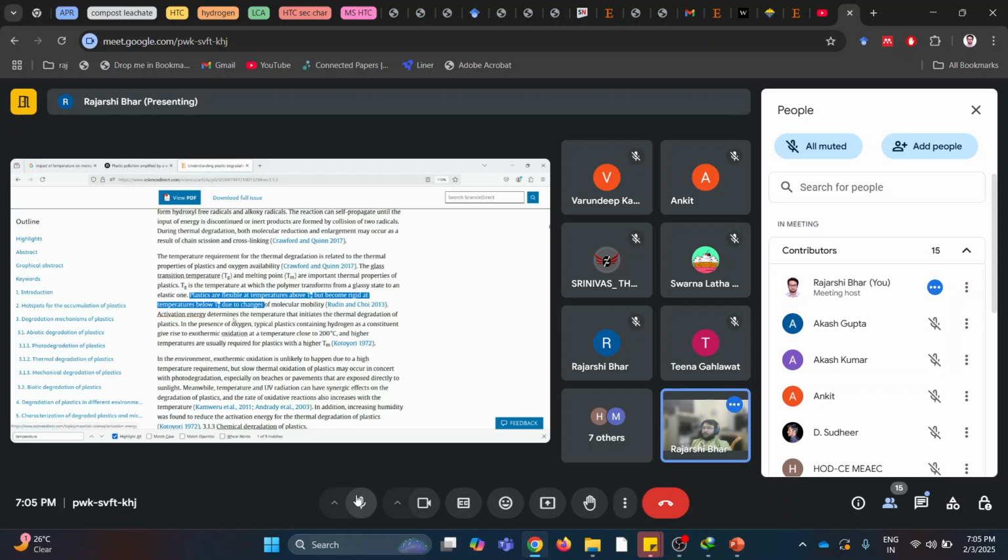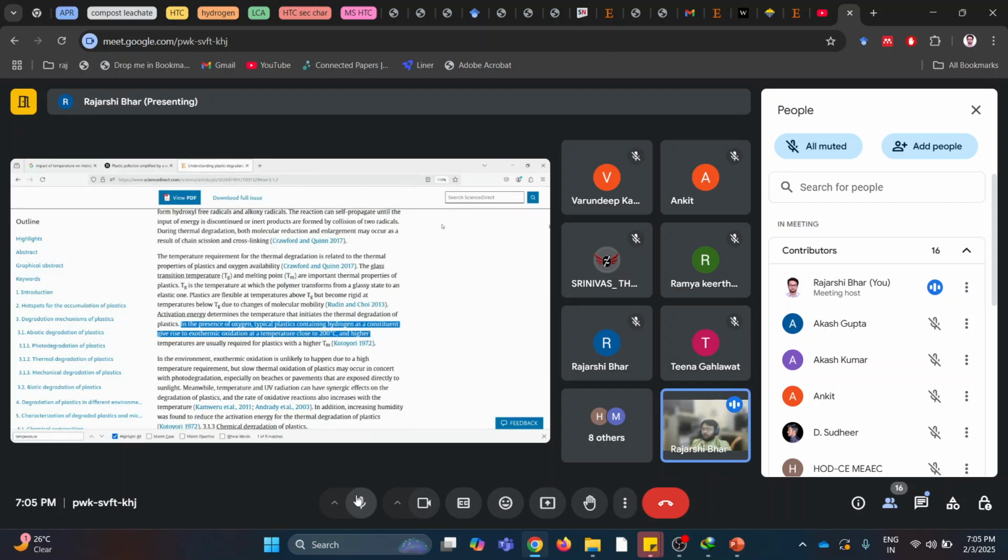Then we have an activation energy that determines the temperature that initiates the thermal degradation of plastics. What it says is that in the presence of oxygen, in air, plastics, which most of the time have hydrogen as a constituent, give rise to an exothermic oxidation at temperatures close to 200 degrees centigrade and higher.